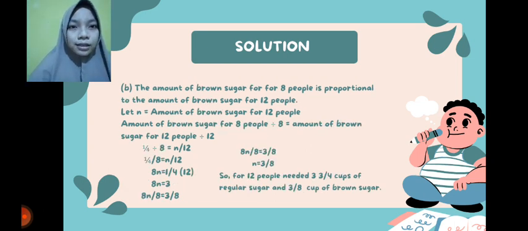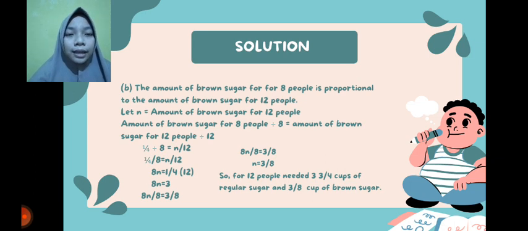The second problem is the amount of brown sugar for 8 people is proportional to the amount of brown sugar for 12 people. Now let N equal the amount of brown sugar for 12 people. Amount of brown sugar for 8 people divided by 8 equals amount of brown sugar for 12 people divided by 12.